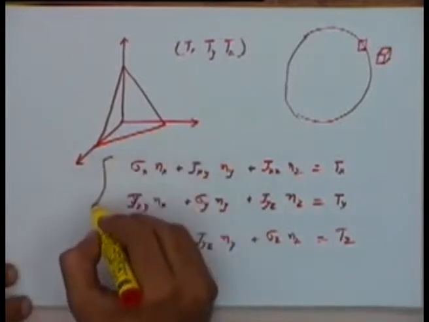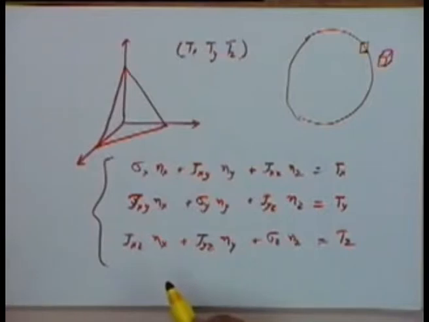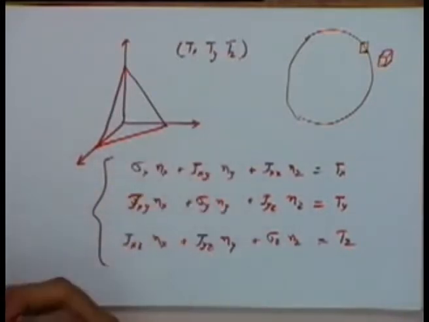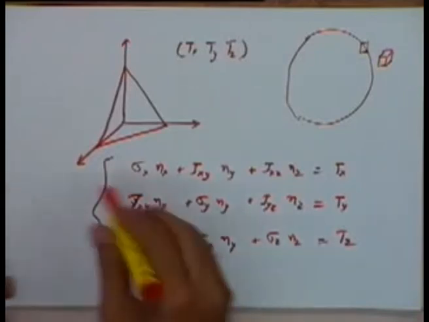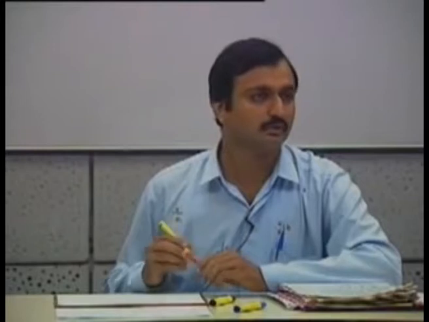So these will be the other three equations of equilibrium in the case of this element. These derivations you must have done in your solid mechanics courses. We will be using some of these equations when we come to the finite element method.